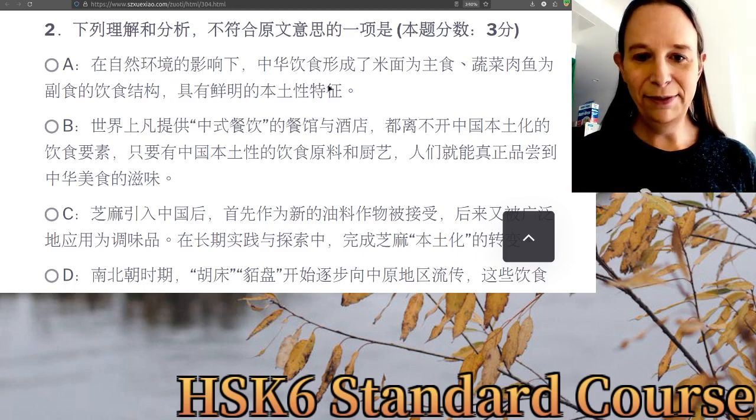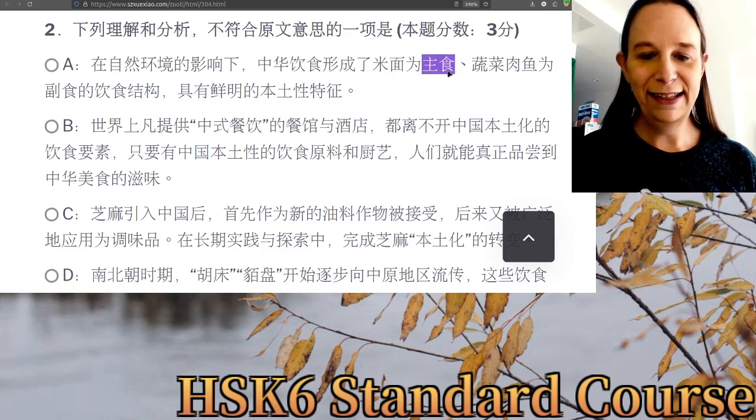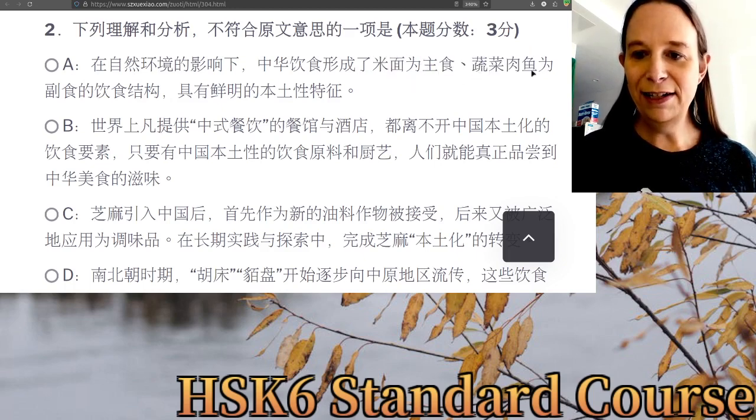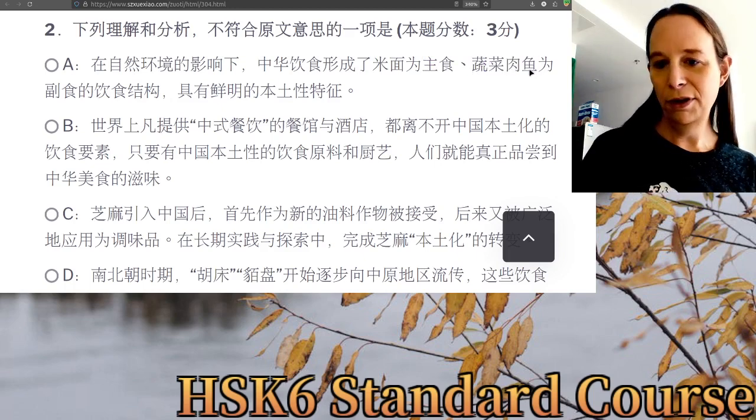Like natural influences have caused Chinese people to adopt rice and wheat as their staple crop, and vegetables, meat, and fish. Maybe they're you.